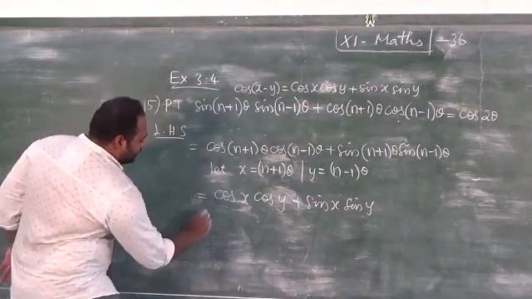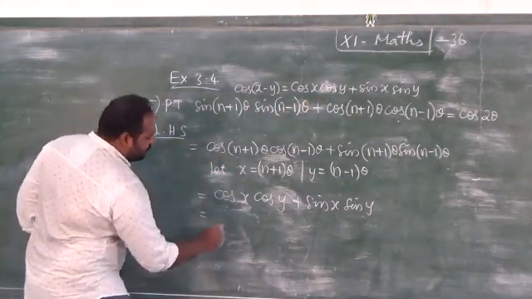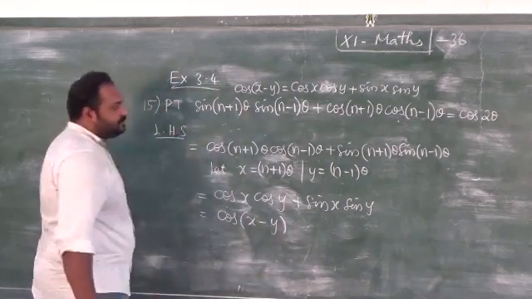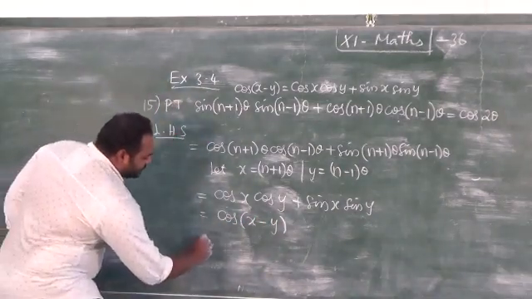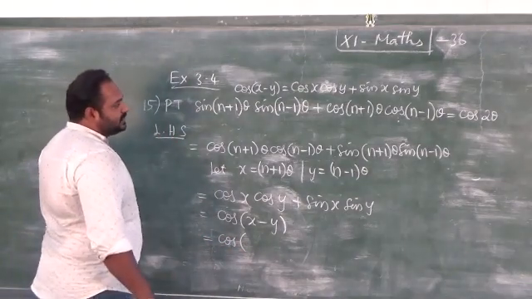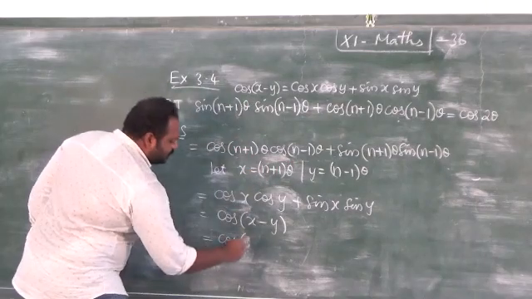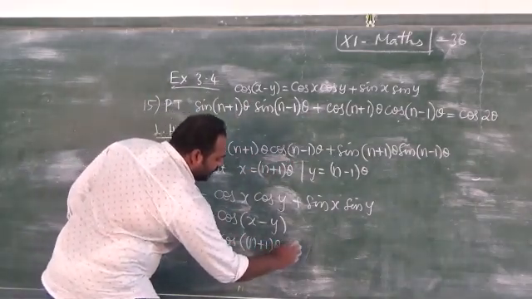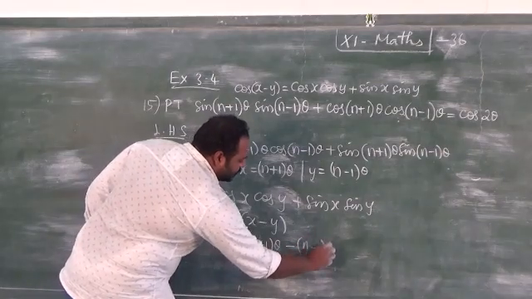So this can be written as, what is the left hand side of this formula? Cos of x minus y. So now apply the values for x and y. In this cos, x is n plus 1 into theta minus n minus 1 into theta.